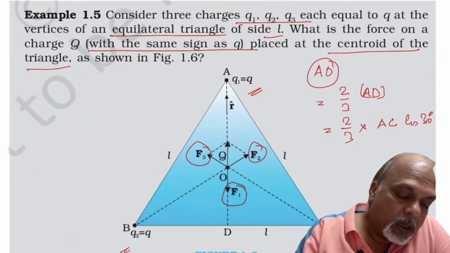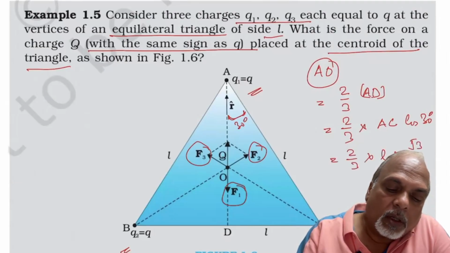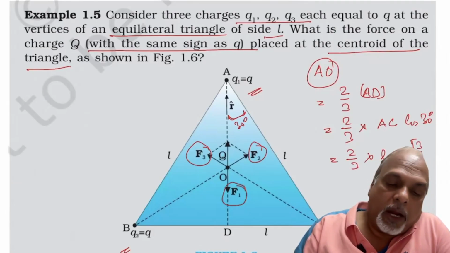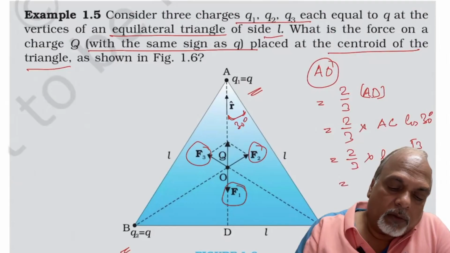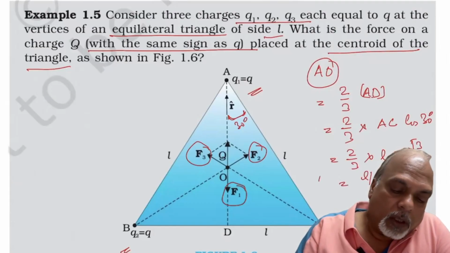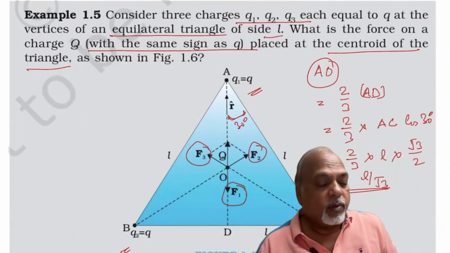Because this is an equilateral triangle, this is your 30 degree. So it means 2 by 3 into L into cos 30, which is root 3 by 2. And if you calculate this, then this will be L by root 3. This is your AD basically. Or you can say this is the R basically we have to put.